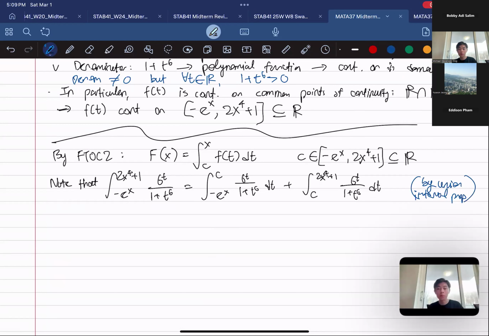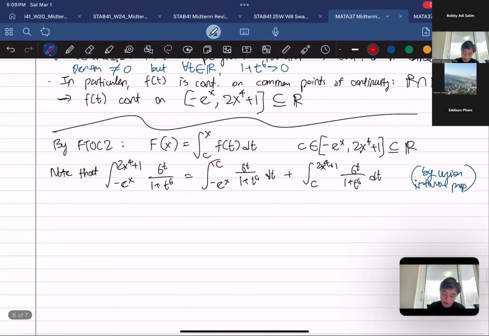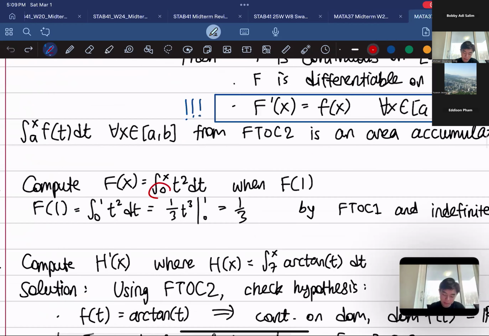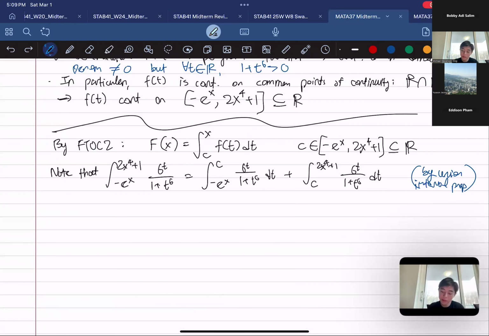If there's a more proper sentence, please write that one. I kind of forgot. I took this course last year. And then I don't want the C to be at the top because it is usually at the bottom. So we can flip that by another integration property. That means if we flip the order of the integration limits, we need to put a negative sign in front. There you go.